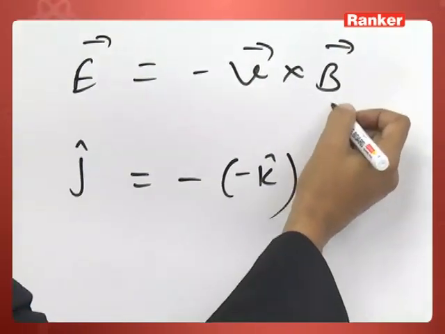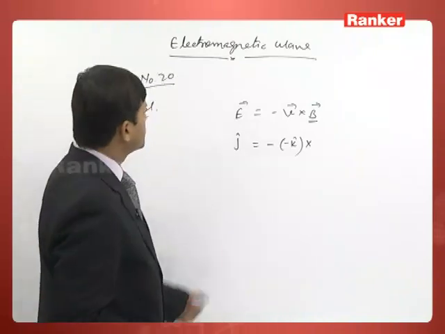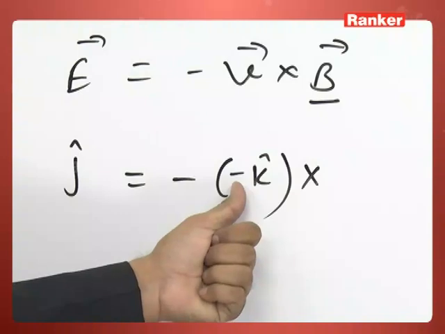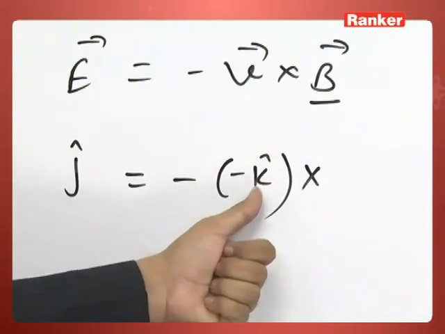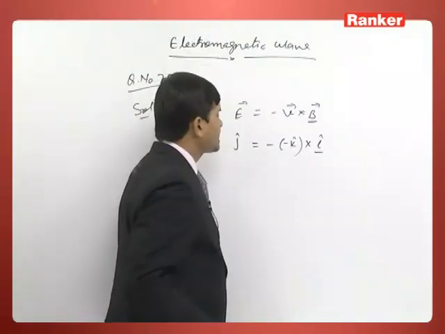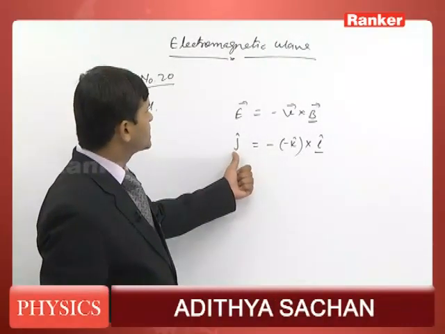Now we want the direction of B. This minus minus becomes plus, so K cross J. If I write it here, that gives us I cap.